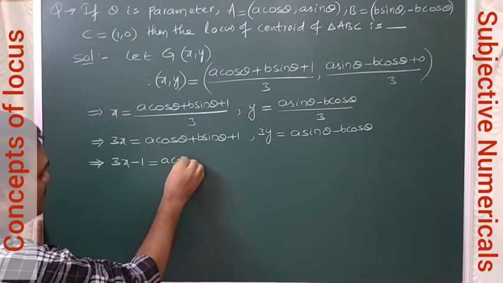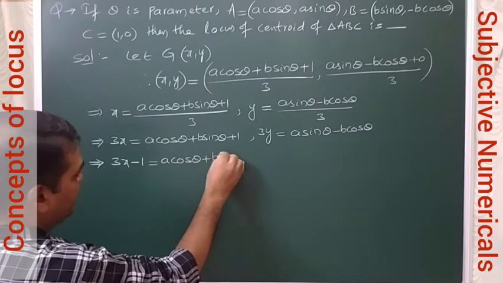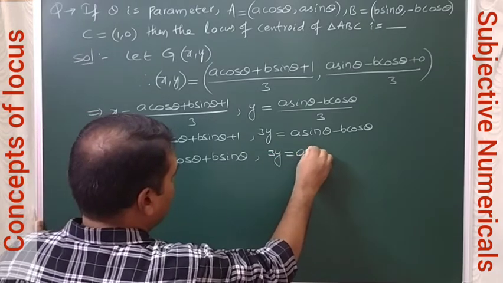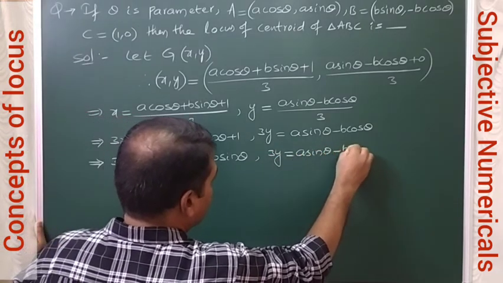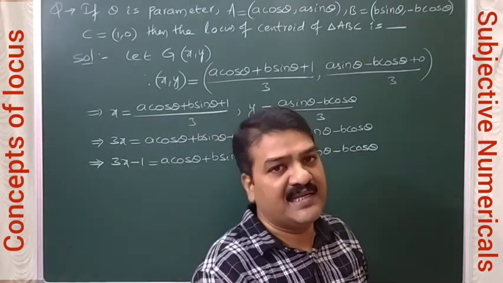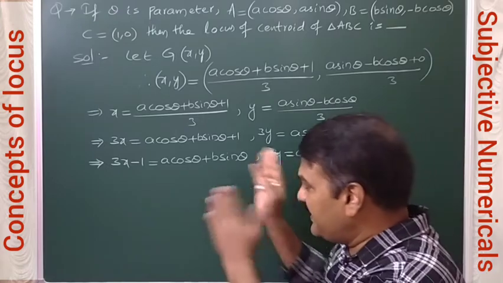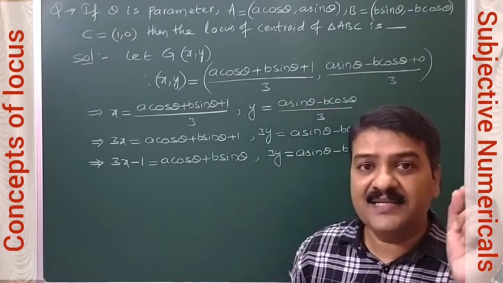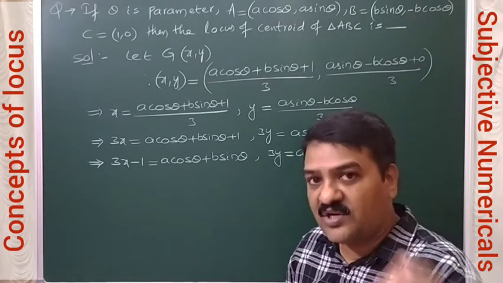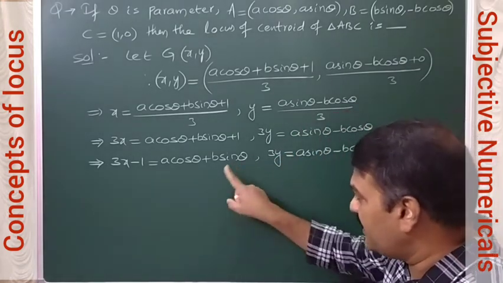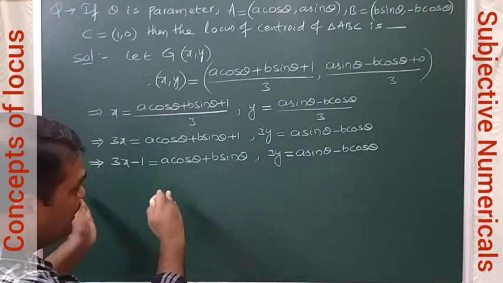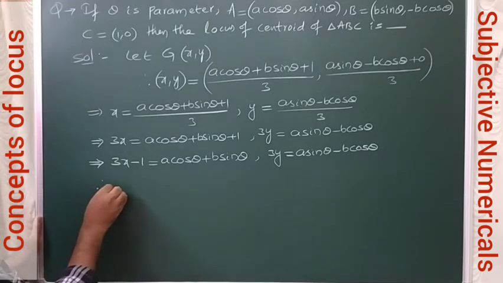So 3x − 1 = a cosθ + b sinθ, whereas 3y = a sinθ − b cosθ. The equation is in terms of sinθ and cosθ. Therefore, to eliminate θ here, we use the identity sin²θ + cos²θ = 1. In order to get that identity, we consider squaring and adding.